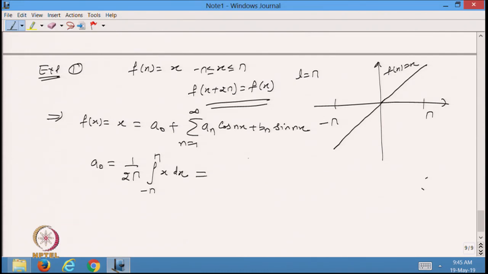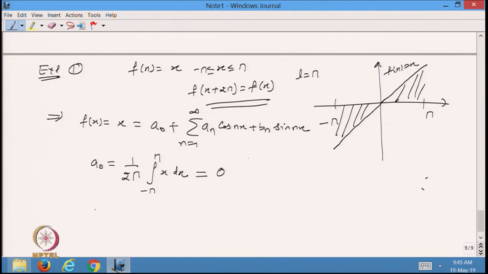Now, if you see, this function is an odd function. So, if I integrate from minus pi to pi, the area under this and the area under this are similar but of different sign. So, if you do the integration, this will be 0, because this is an odd function.